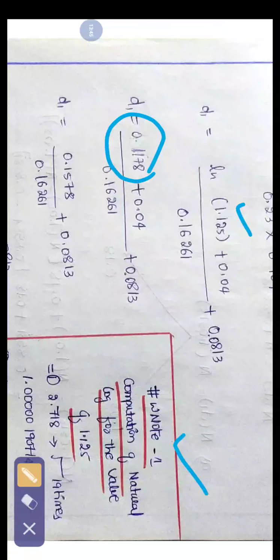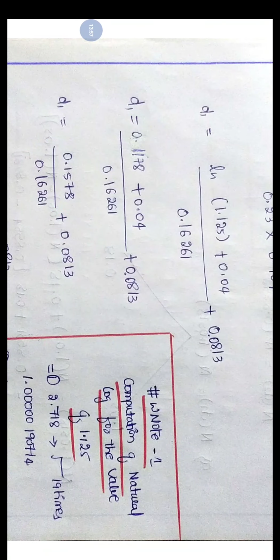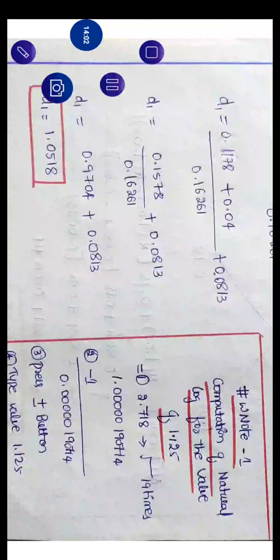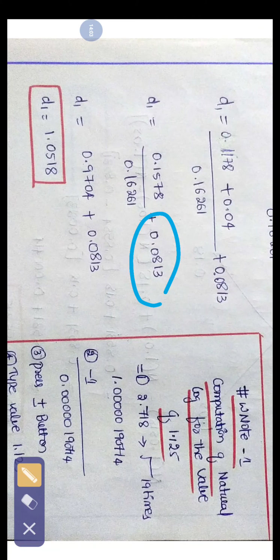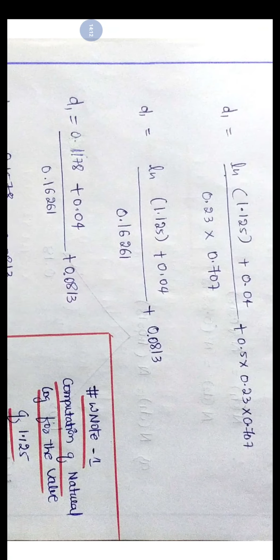So add that plus 0.04 divided by 0.1621. Just add these, you get 0.1578, divide it, you will get 0.9704. Next, add this 0.0813, the d1 will be 1.0518. So next we have to calculate d2.